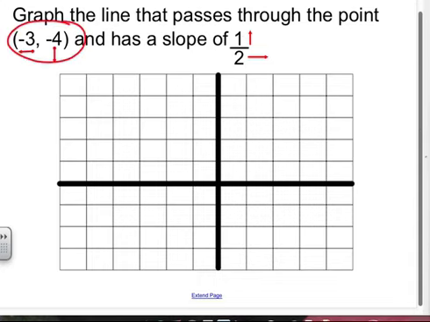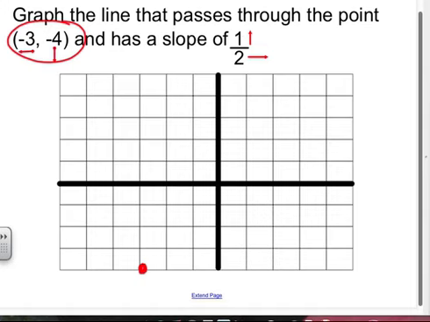So starting at the origin, -3 means go left 3, and -4 means go down 4. So this is your starting point right here. That is -3, -4. Now, from there, I'm going to use my slope of 1/2 as my driving directions to put the next few points on the coordinate plane so that I can draw my straight line.